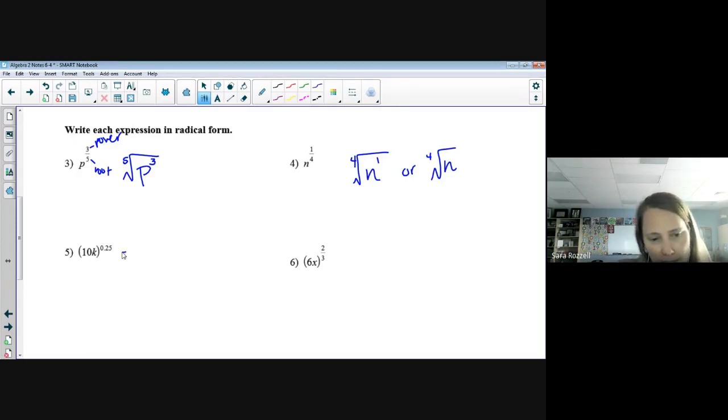So I'm going to replace this 0.25 with a 1/4. And now it's just like what we did here, except we have 10K instead of an N. I'll leave the 10K in parentheses. 4th out there, 1 right there. Okay, we all right with that?